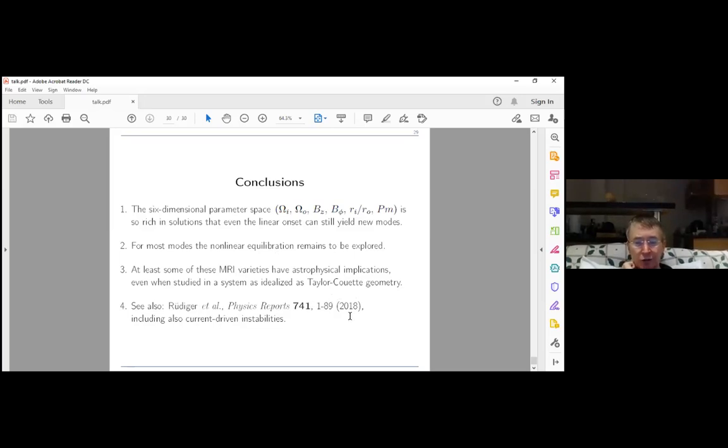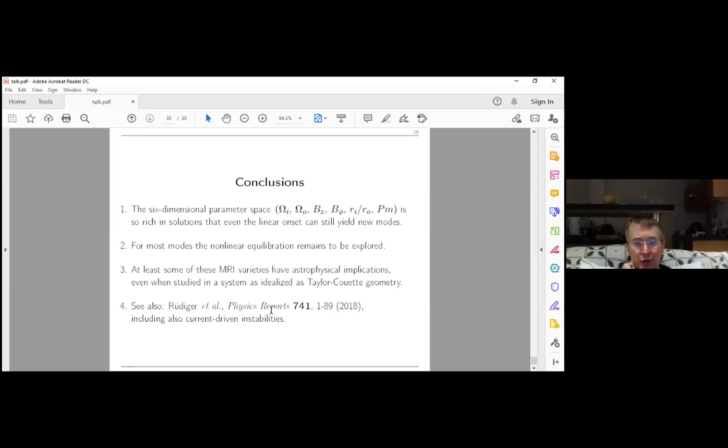And finally, just 2 years ago, we wrote this review paper, and you can see that thing is 89 pages long. So that's how much stuff there is to talk about just instabilities in Taylor-Couette geometry.